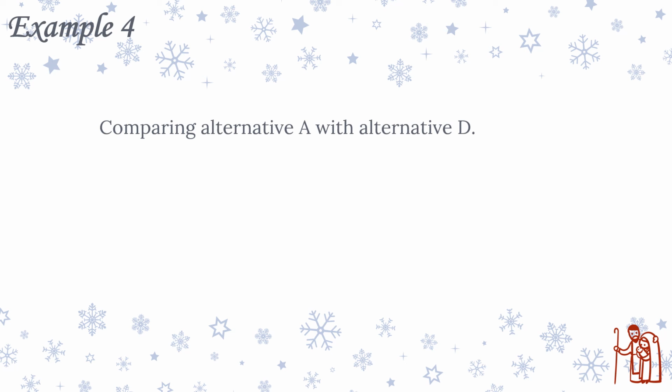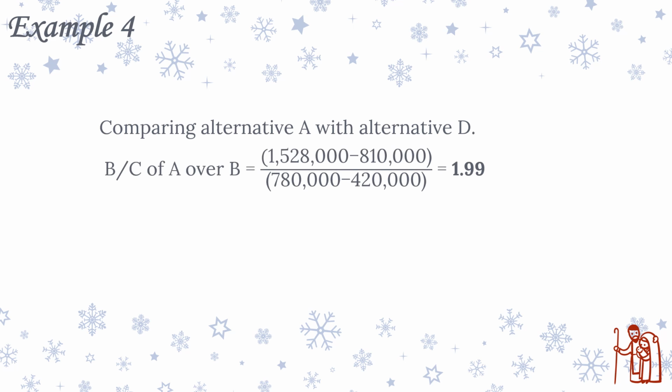So, last, we are left with D, you compare A with D. Same thing. Annual benefit of A, annual benefit of D, annual cost of A, and then annual cost of D. You have 1.99 as your benefit cost ratio. And it is greater than 1. It is greater than 1, class.